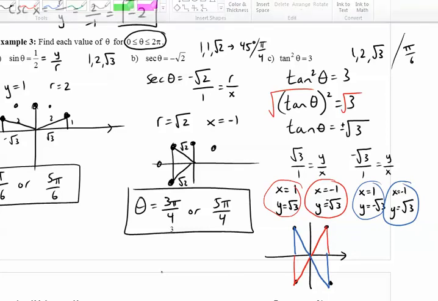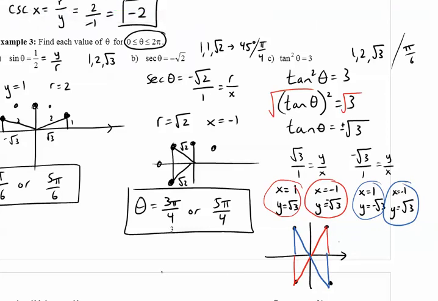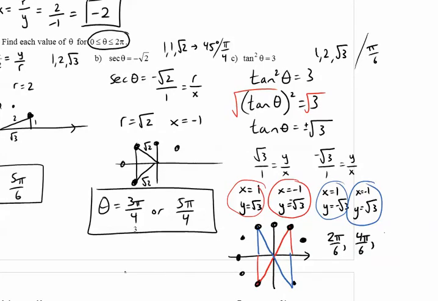And we're talking about multiples of 30 degrees. So there's 1 pi over 6, 2 pi over 6, 3 pi over 6, 4 pi over 6, 5, 6, 7, 8 pi over 6, 9, 10 pi over 6.